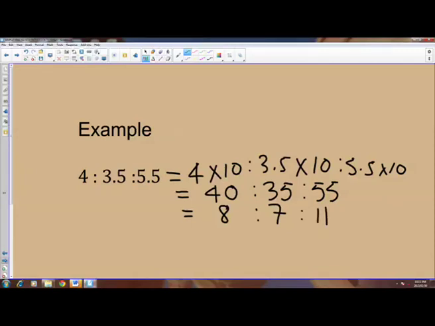So we got 8 is to 7 is to 11. We have to check if there's any other number which can go into 8, 7 and 11. Upon checking, there is no other factor. So the ratio here is simplified. This is the answer, 8 is to 7 is to 11. This is how we simplify ratios.